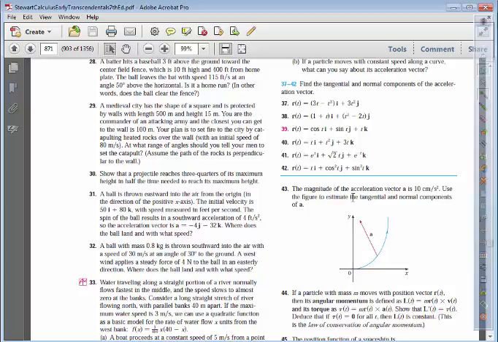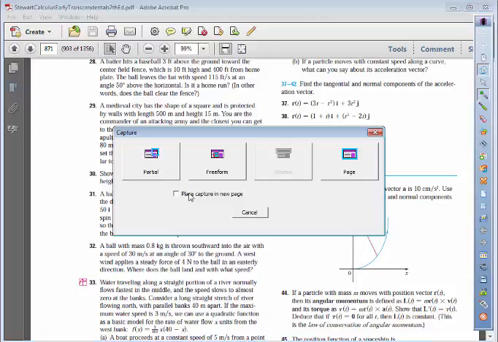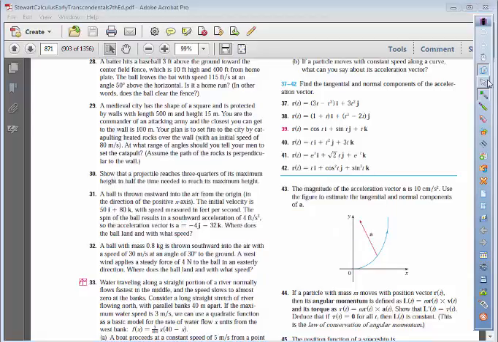So 37 through 42. You guys want to pick a number from there? 39 looks like it's in red. I wonder what that means.